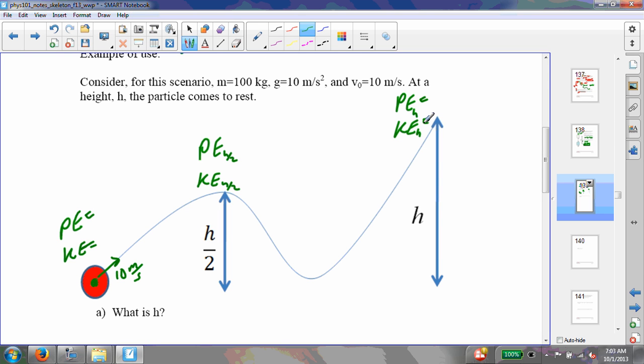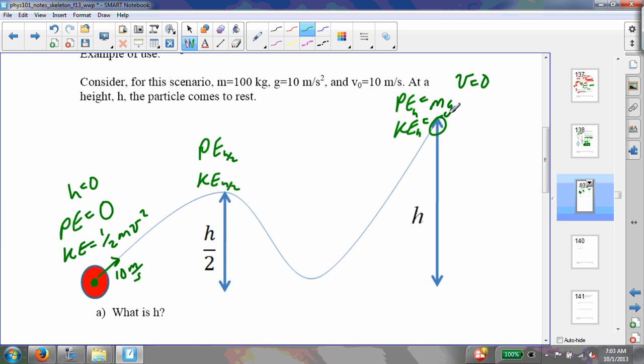So for example, here, I know that the potential energy is equal to 0 because h equals 0. And I know the kinetic energy is 1/2 mv squared. And I know its mass and I know its speed. So I'm not going to put any numbers in just yet. Now over here, I know that the velocity or the speed equals 0. So the kinetic energy equals 0.